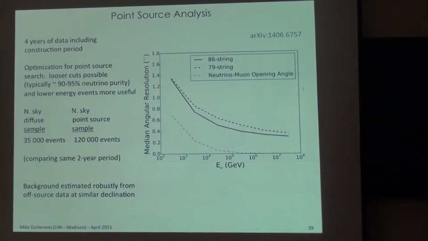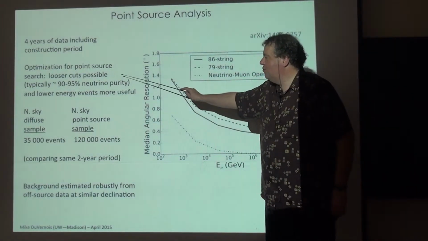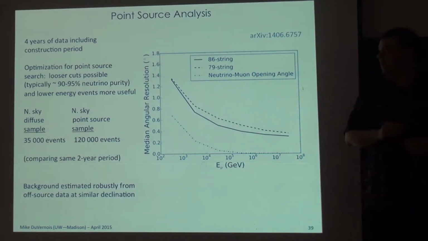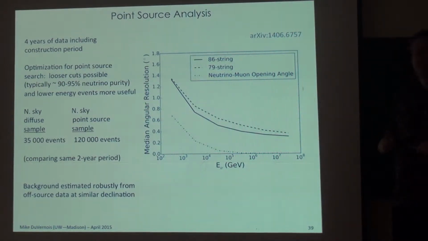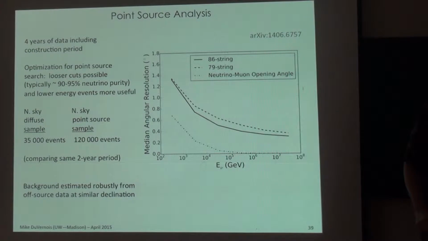The point source analysis folks are at the 4-year point, and by having much looser cuts, living with sort of 90–95% neutrino purity, since you're going to put them into bins on the sky, you can allow a background to come in. So you can take more events.